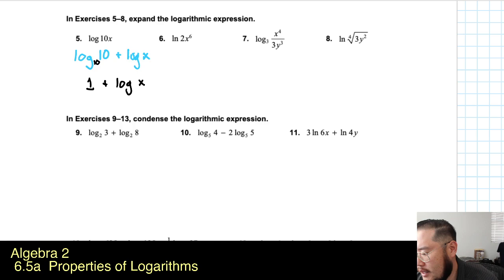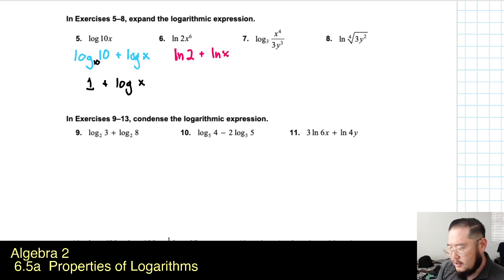Let's rewrite this and expand it out. So ln 2, and then since we're multiplying, remember, use our product property. It's going to be plus, and then ln x to the 6th power.